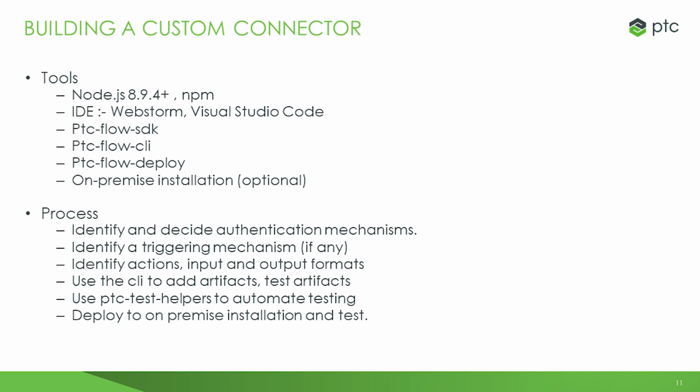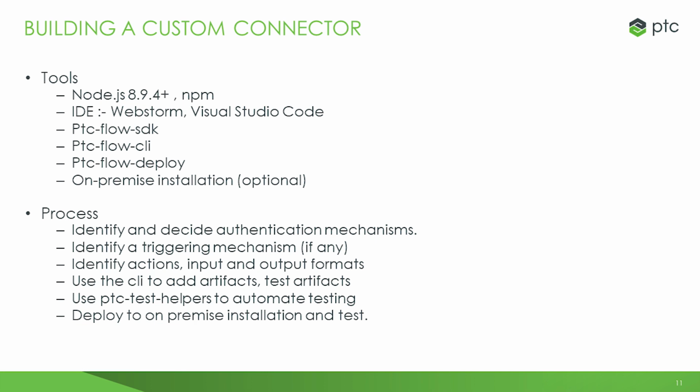The process of building a connector goes as follows. You first have to decide and identify the mechanism you would use to authenticate with your chosen application. This could be HTTP basic, it could be OAuth, or it could be app key, or some new mechanism altogether.